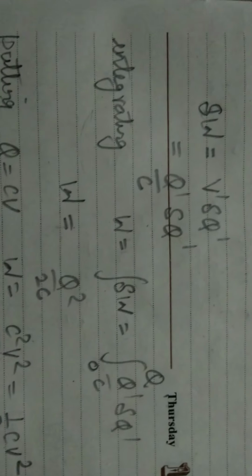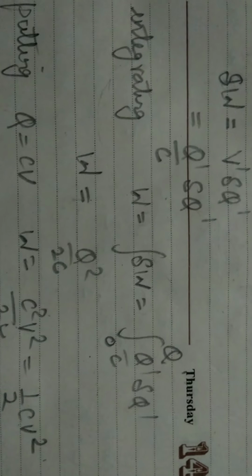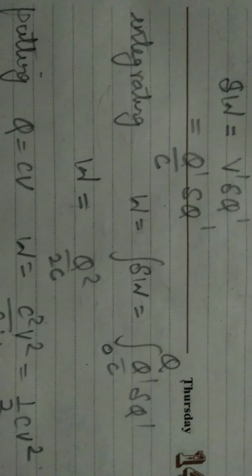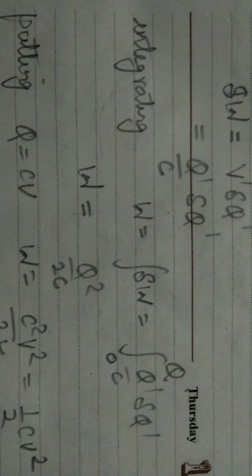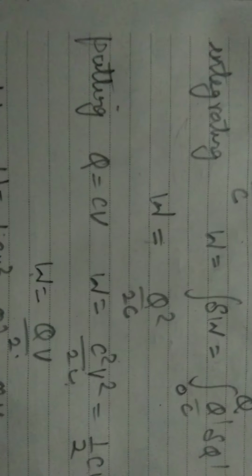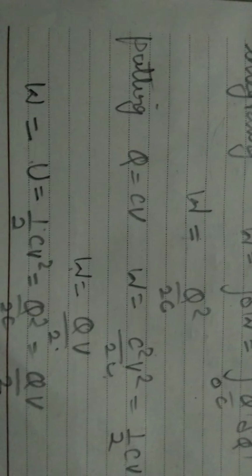Now integrating, the work will be the integration of Q dash by C delta Q dash, and the limits will be 0 to Q because the charge initially will be 0 and finally it will become capital Q. So when we integrate, we will get the work as Q square upon 2C.